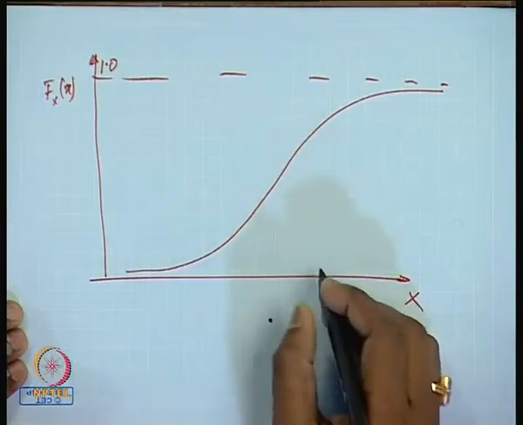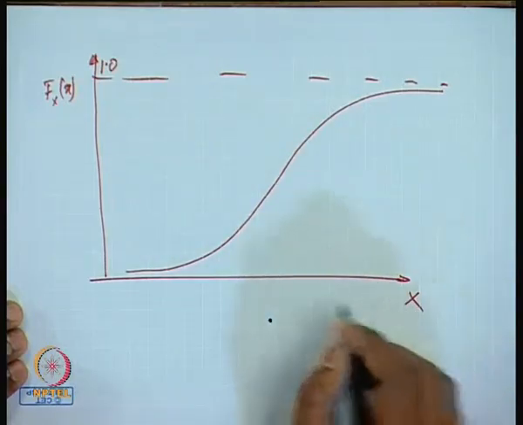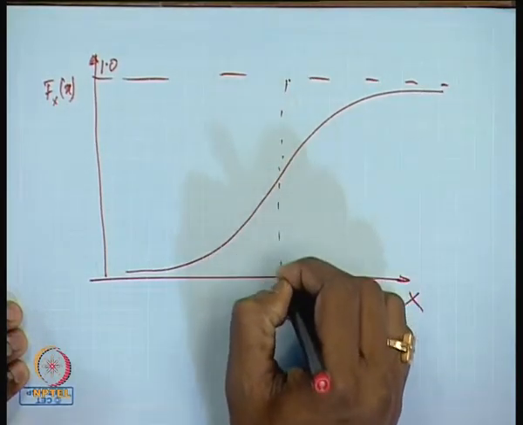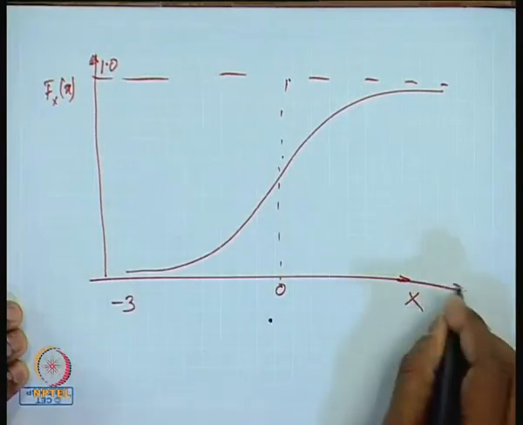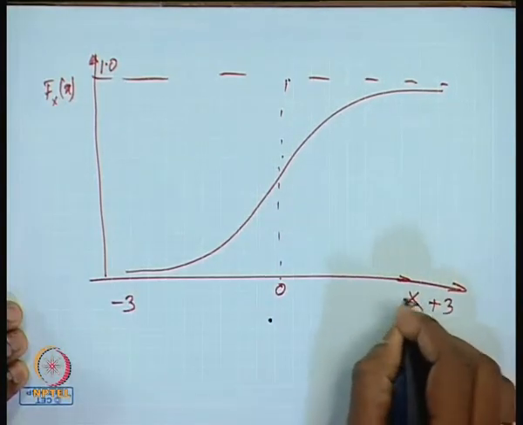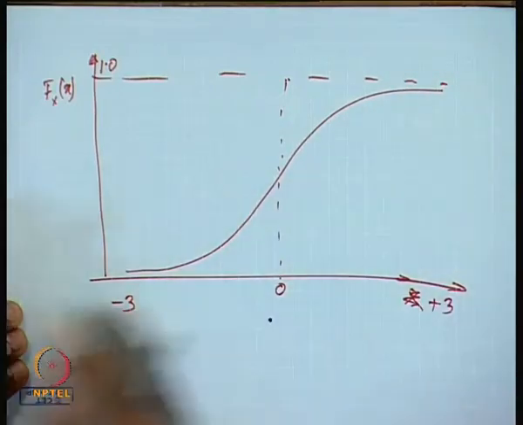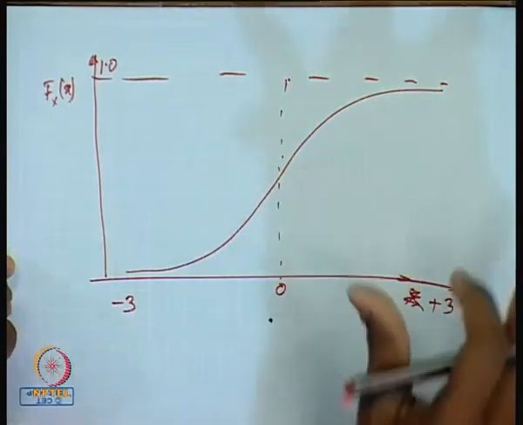Now, for this standard normal distribution, the mean is approximately 0, and this is say minus 3, and this is say plus 3. Or in some computer applications, sometimes we can even go from minus 5 to plus 5, where almost probability 1 is exhausted.